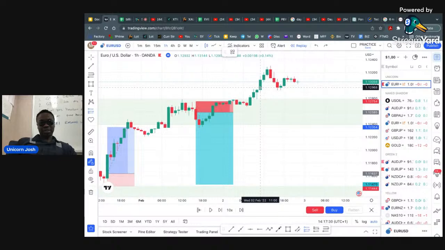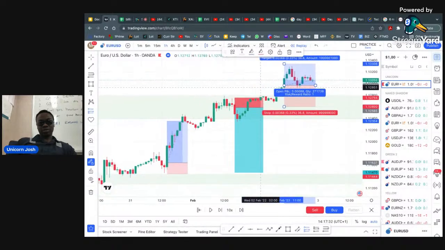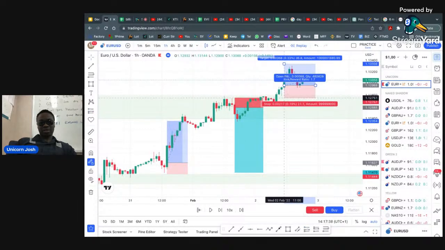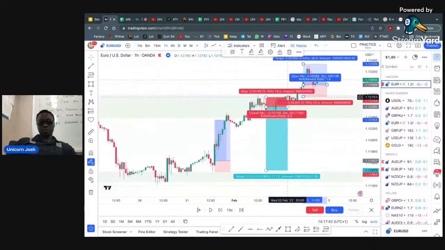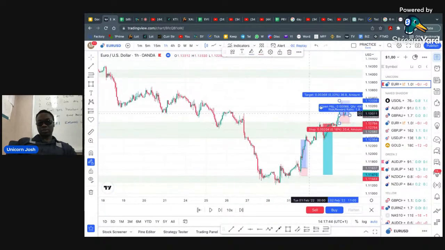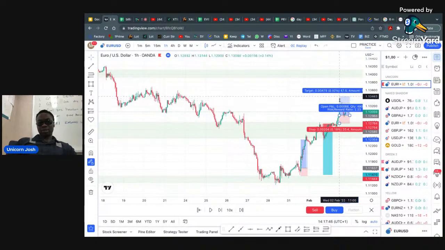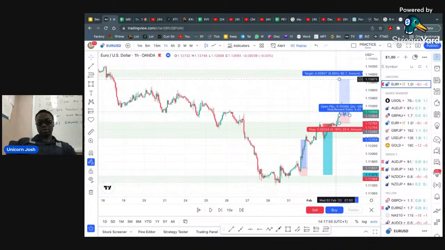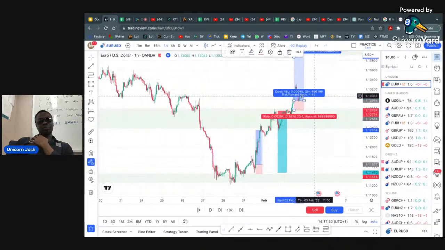But let's see if this will give us something good. It's leaving the zone, and the TP is the next zone. The next zone is the take profit for this strategy.